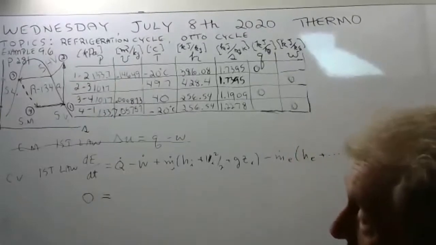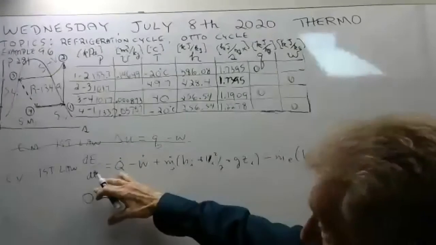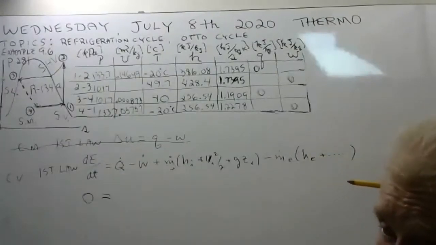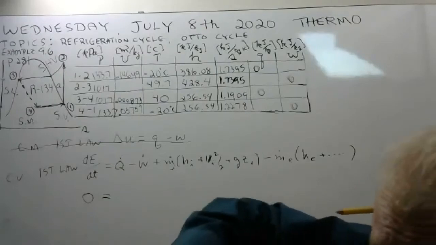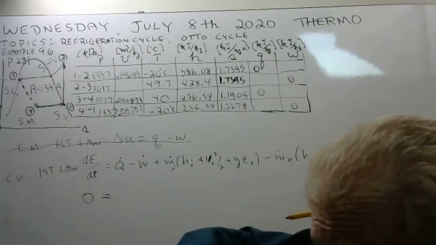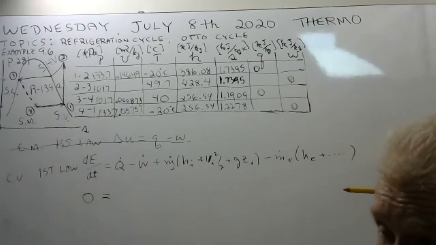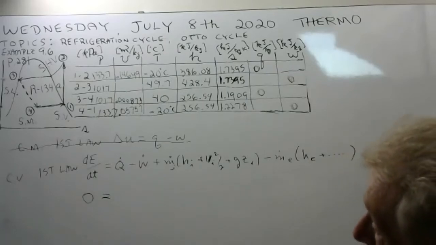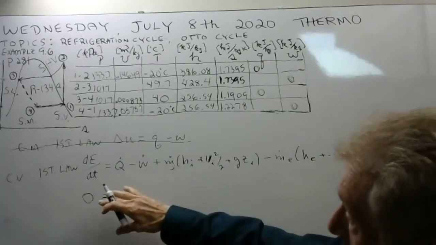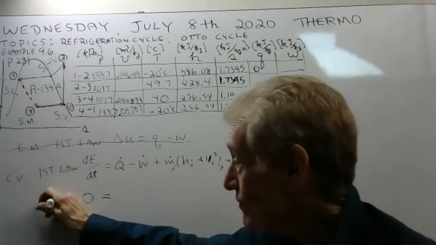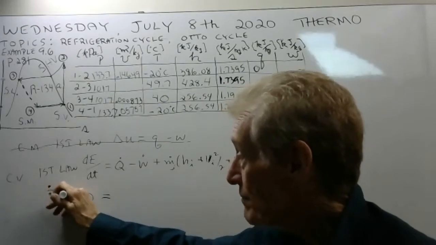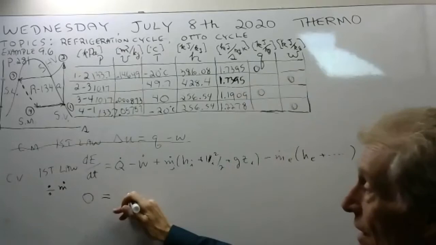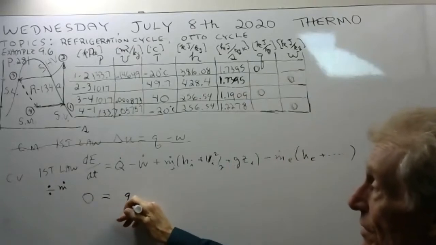Now this here, that's not going to be 0. That's your heat transfer rate. That's why you have air conditioners, to transfer that heat energy the heck out of your car so you'll be nice and comfortable. In fact, just divide everything through by m dot. If you'll do that, you can put a little q here.